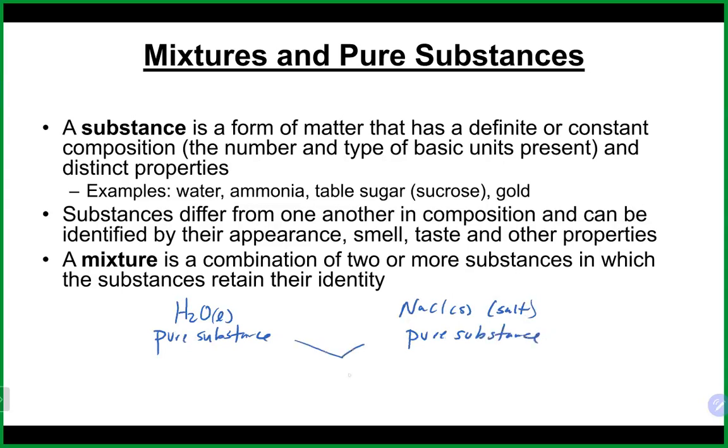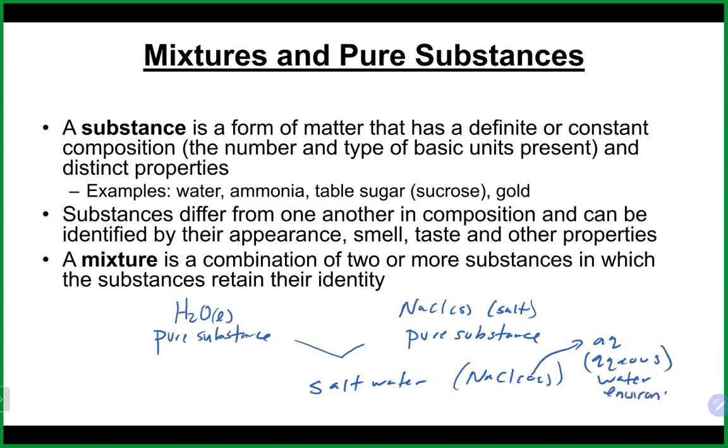If I throw both of those together, I basically make salt water, right? Sodium chloride solution. AQ is aqueous, which means a water environment. And salt water is a mixture.